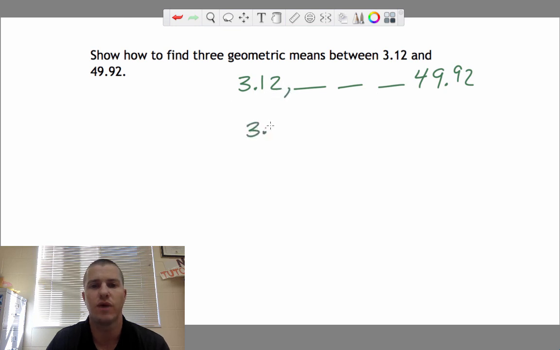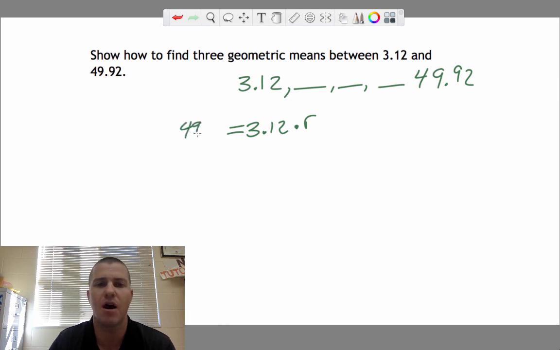So 3.12 times the common ratio, which I don't know, raised to the, I do know that this is the 5th term, so I'm going to put that in the a sub n spot and raise it to 5 minus 1, because my 5 is my term number for this 49.92.